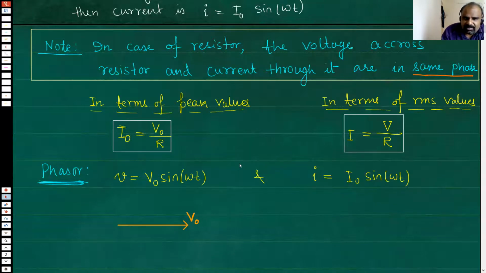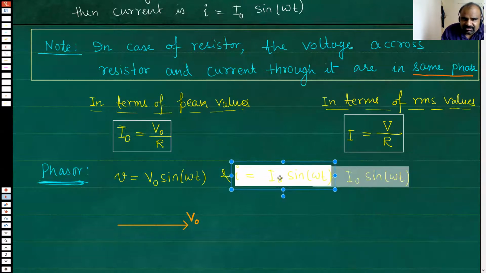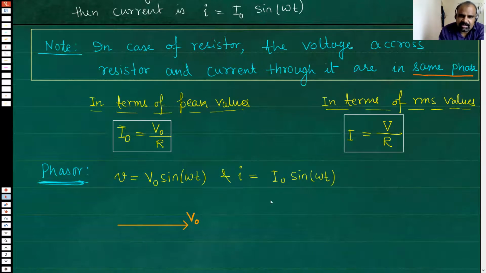Let me write this current here itself. So the length of the phasor will not be equal to V naught sine omega t, sir? No. V naught sine omega t is the instantaneous value. Whatever is the amplitude, the peak value, that will be equal to the length of the arrow.